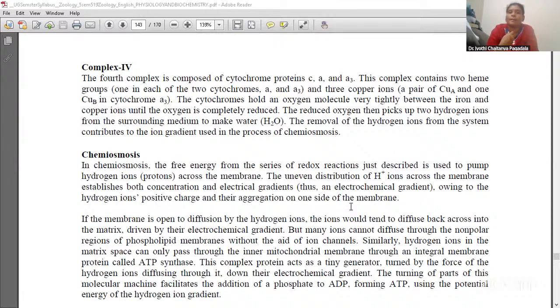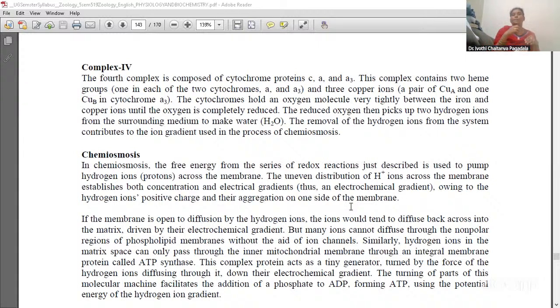The ions cannot diffuse through the non-polar regions of the phospholipid membrane without the aid of ion channels. The hydrogen ions in the matrix space can only pass through the inner mitochondrial membrane through an integral protein called ATP synthase.